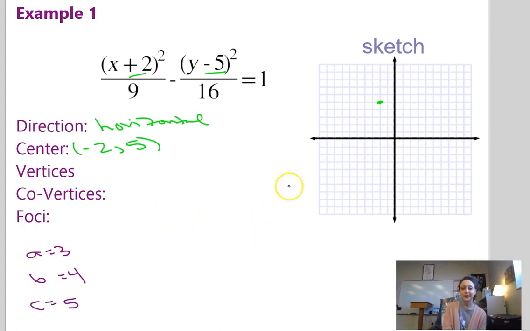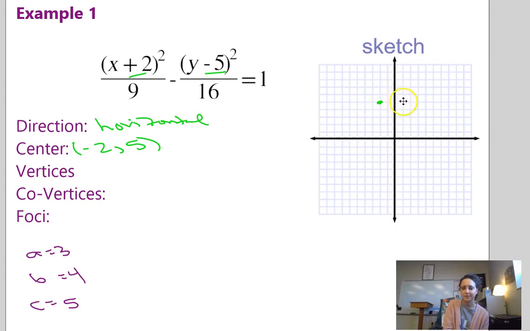All right, so let's go ahead and plot some of these here. So let's start with our vertices. I said it's going to be opening horizontally, so I'm going to move from my center 3 to the left and the right because a is 3, okay? So let me grab my pen here and see if this works. Okay.